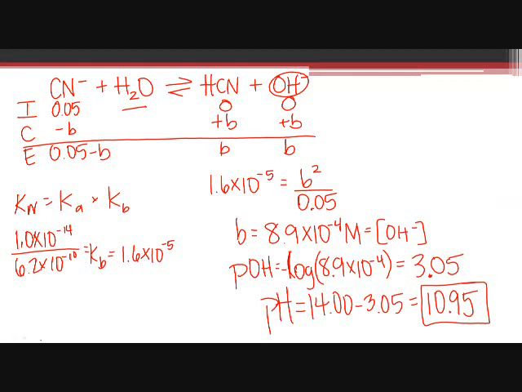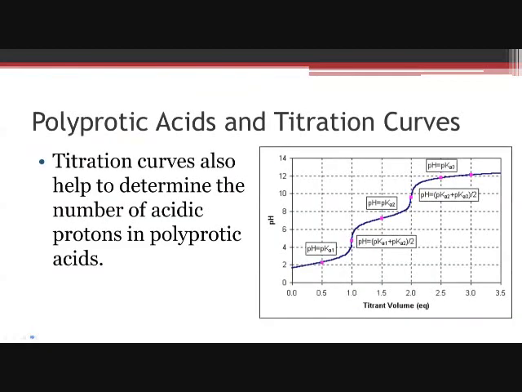Last but not least, I just wanted to show this to you. Another thing that you can see from a titration curve is that you have a polyprotic acid. So the number of acidic protons in the acid helps you determine how many equivalence points it has. So in this graph right here, we would have 2 equivalence points because we have 2 acidic protons.